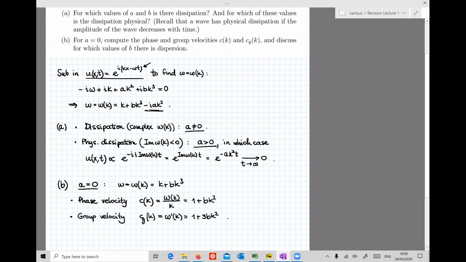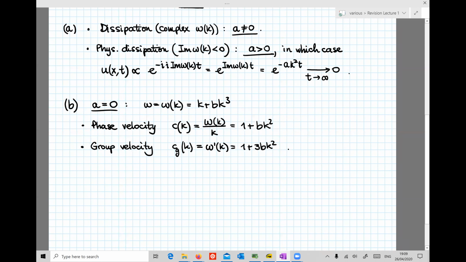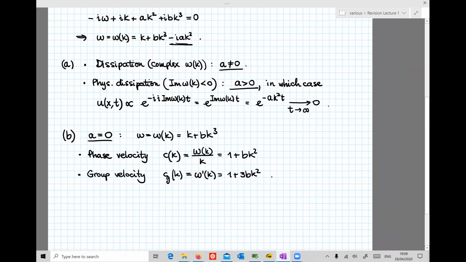So finally, we need to discuss for which values of b, the remaining parameter, there is dispersion. And so dispersion, I remind you, occurs when plane waves with different wave numbers move at different speeds. And so here, clearly when b is different from 0, there is a dependence of the velocity on k.